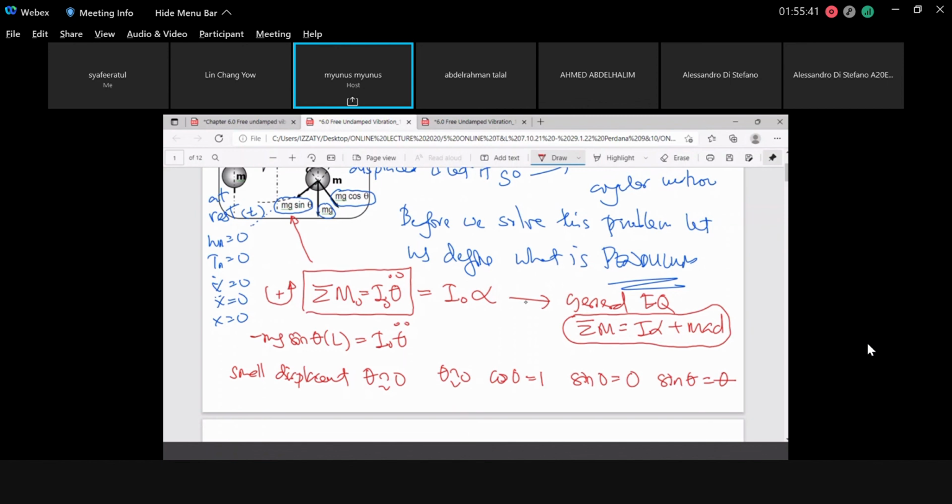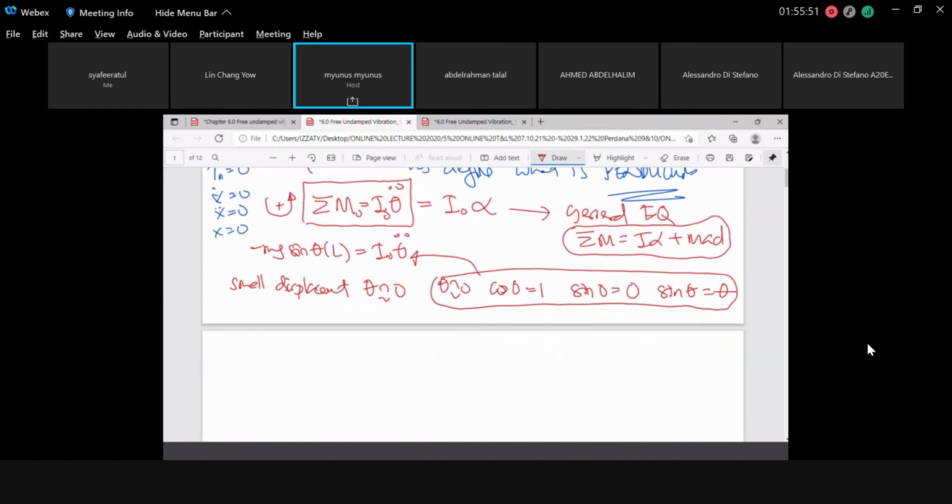Isn't it? This is in mathematics. So you take this and put it in the equation. What you have is negative mg, where sine theta becomes theta, times L, equal to I naught theta double dot.